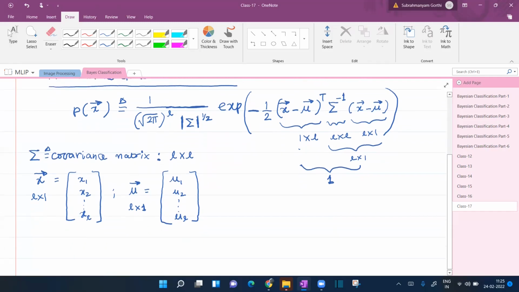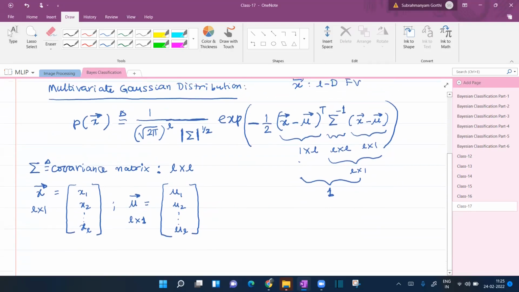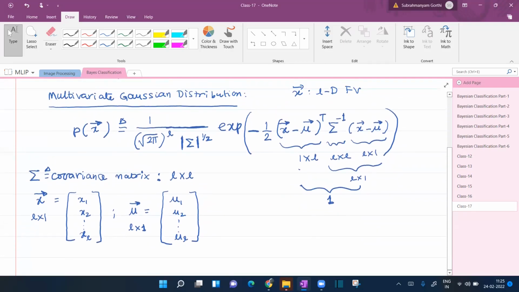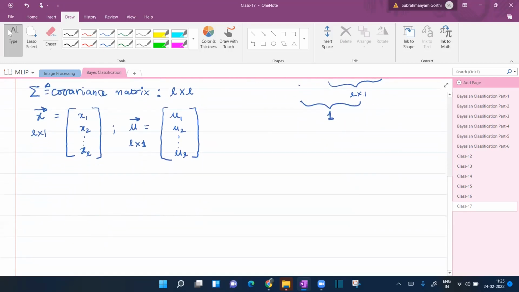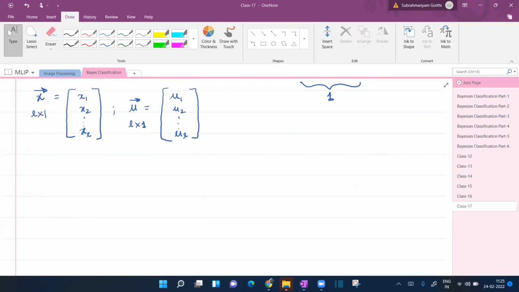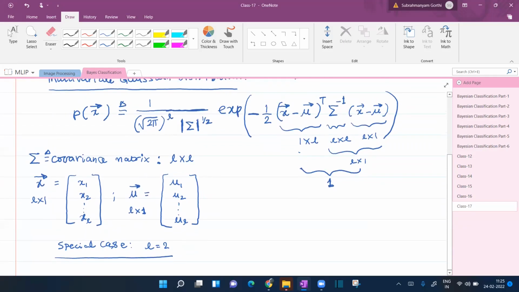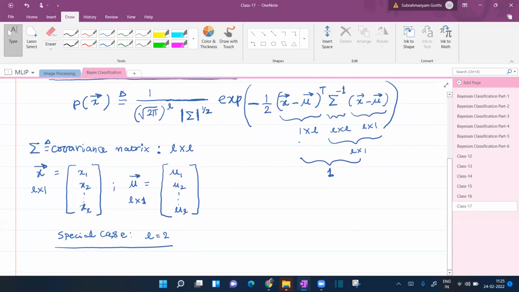Now what we will do is, just to get a little better understanding of how this looks, let's consider a special case of a two-dimensional Gaussian vector. So the special case I'm going to consider now is L equal to 2. Now, let me write these expressions for L equal to 2.